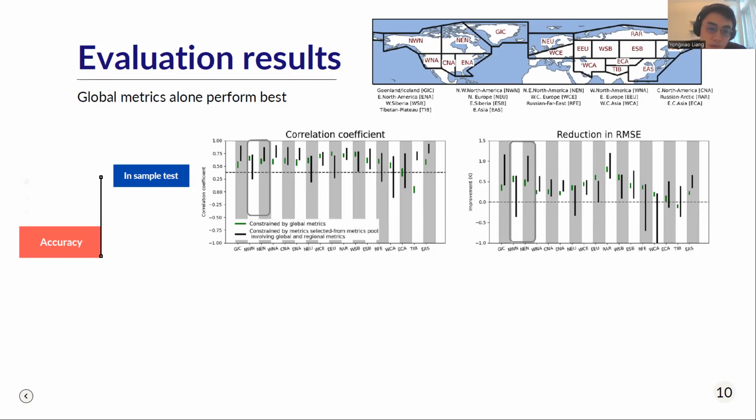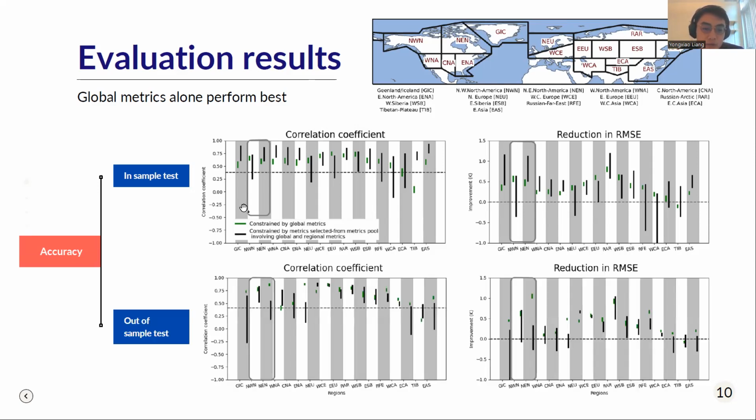So we can see, comparing the green and blue and the blank bar, that involving the regional metrics shows they are sensitive to the internal variability, which shows a higher spread for most regions here. But the global metric performs generally stable across different regions from in-sample test to out-of-sample test.